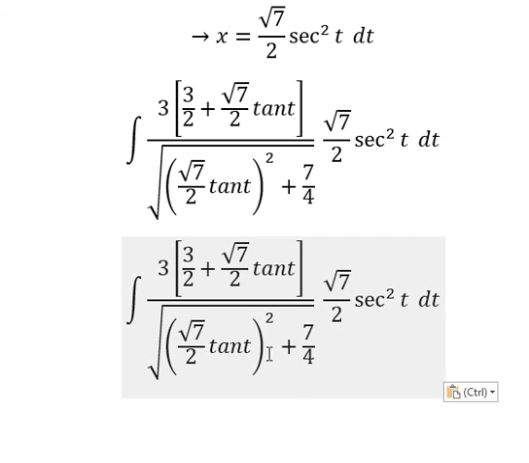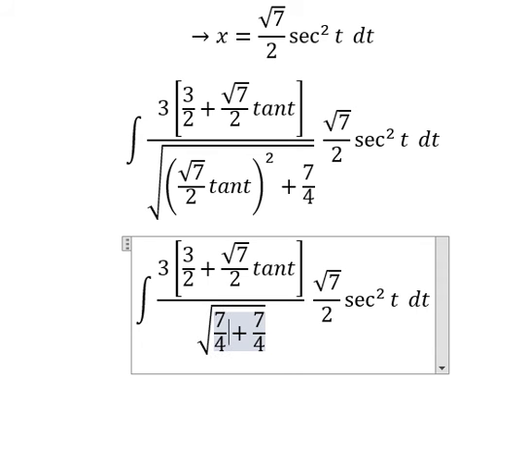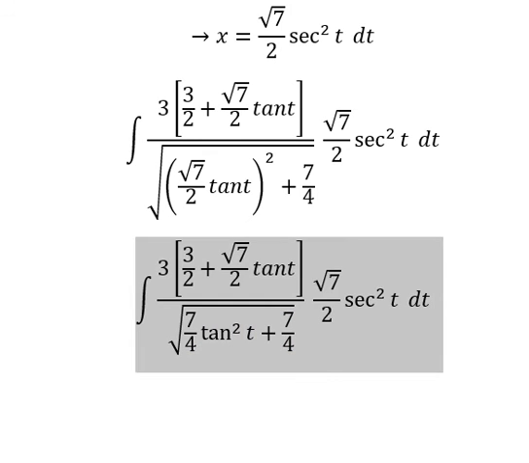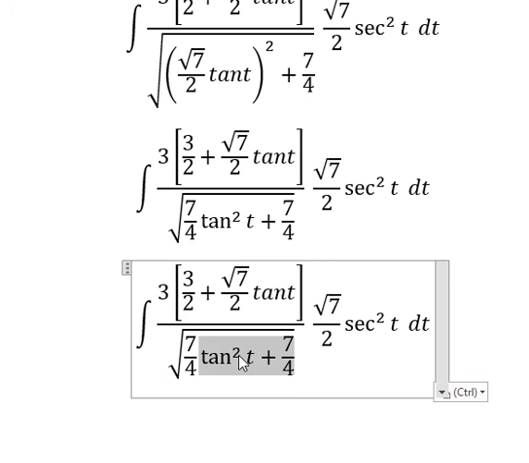Next, this one is 7 over 4 tan t squared. So 7 over 4, 7 over 4, we can do factorization.